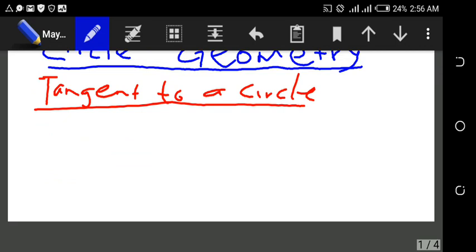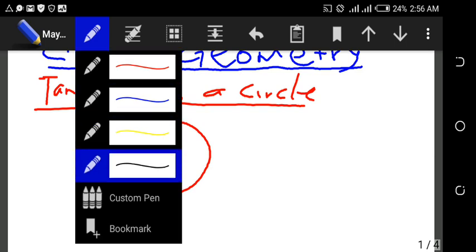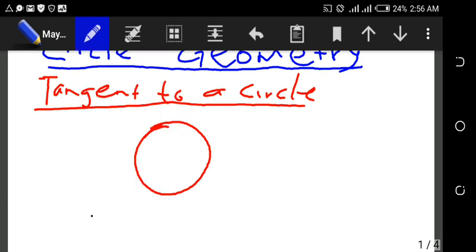of a circle. So in other words, if we have a circle like this, a tangent to this circle will be a straight line that is drawn which just touches part of that circle. So if we have line AB, it becomes a tangent to this circle.